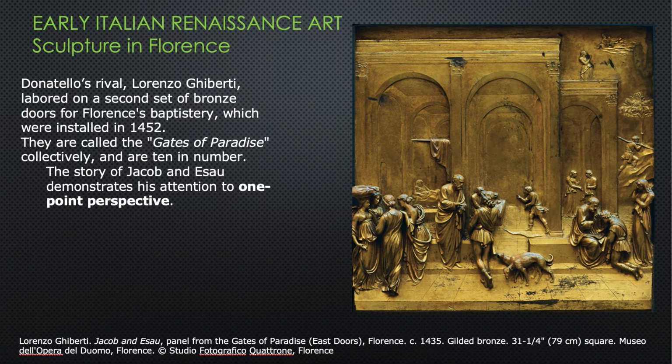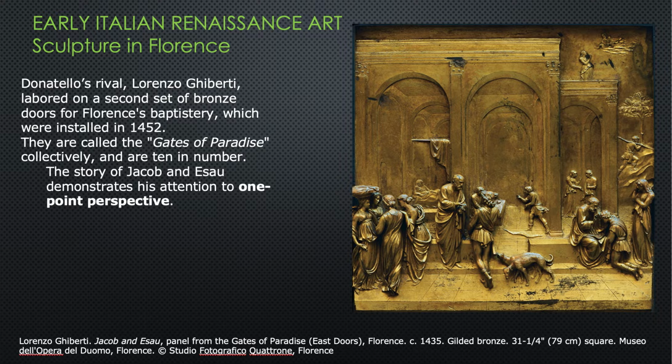But he also has a rival in Florence, and we've already seen him, Lorenzo Ghiberti. After completing those doors for the Florence baptistry, he labored on a second set of bronze. Everybody loved the first set, and they said, "Can you do another set? We won't even have a contest. We'll just give you this commission." So he took this commission, and the format was different.